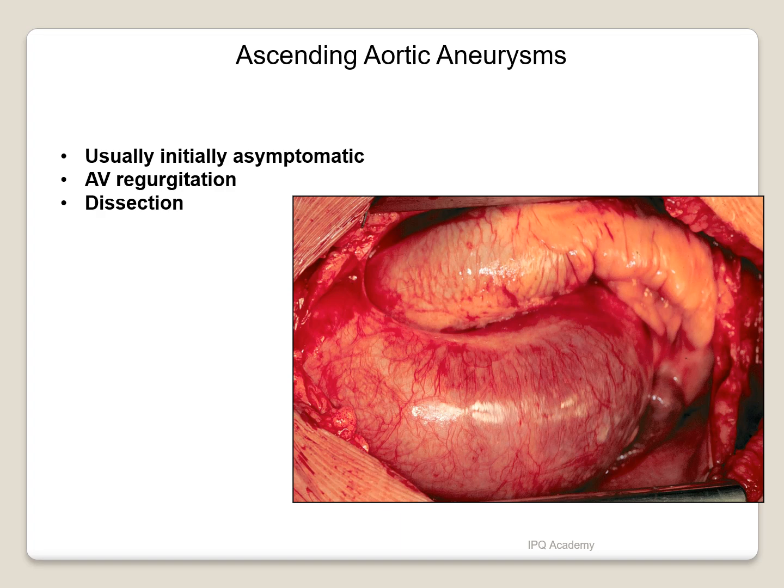The main reason that concerns us clinically and often requires treatment is the fact that they are often associated with regurgitation of the aortic valve and also the risk of aortic dissection, which increases significantly once the size of the aorta has exceeded a certain diameter.